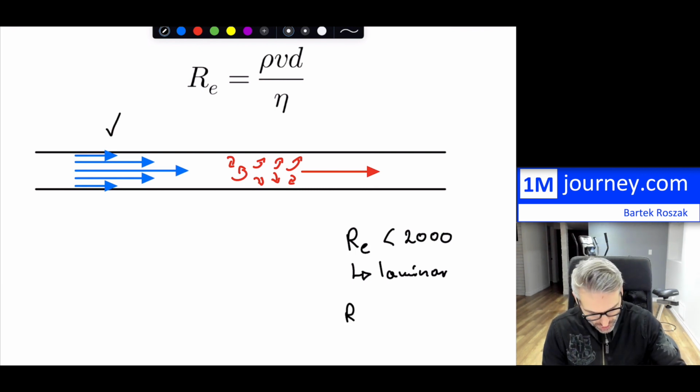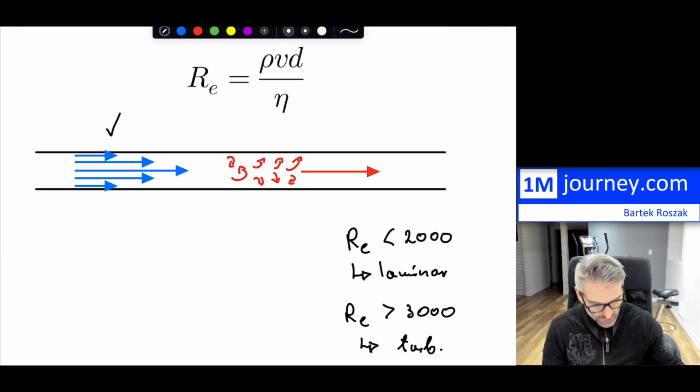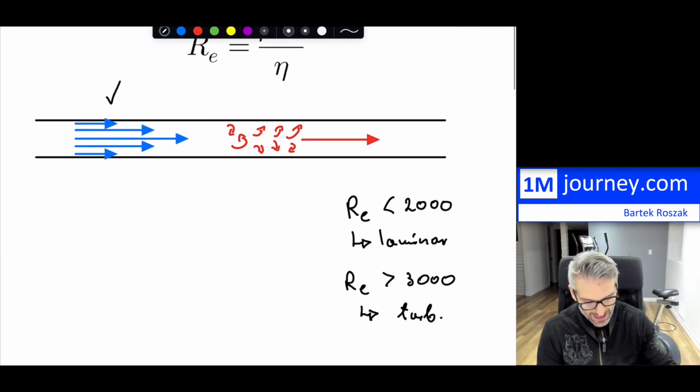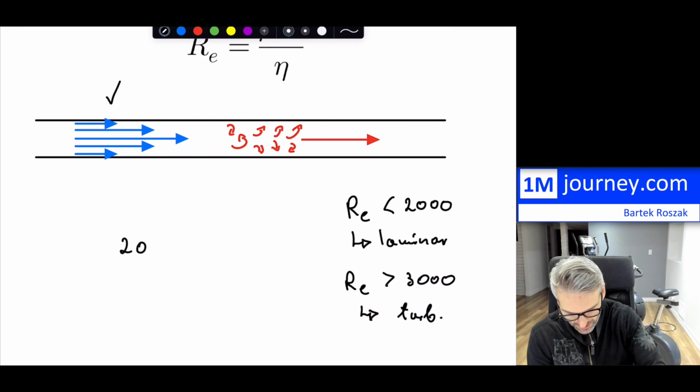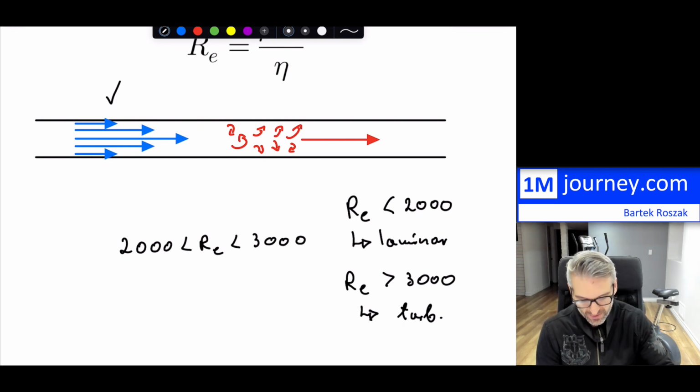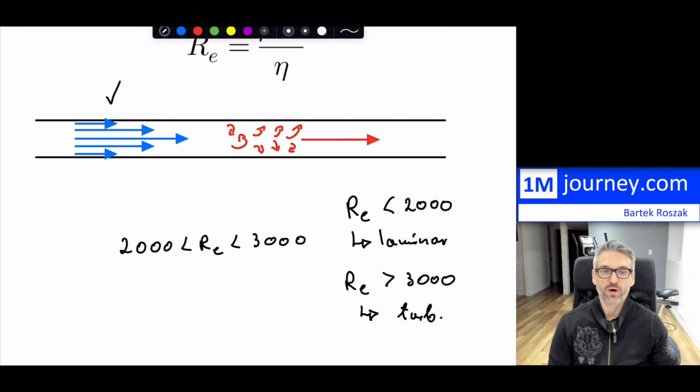If your number is above about 3000, then this is going to be pretty much turbulent. That's what you're going to observe. And if it is between 2000 and 3000, then it might actually oscillate between one or the other.